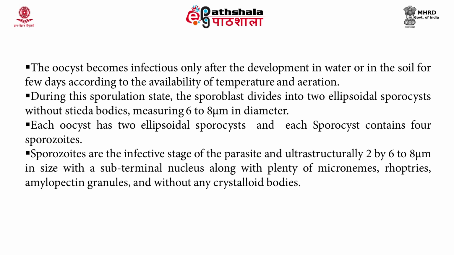Now, sporozoites are the infective stage of the parasite and ultrastructurally 2 by 6 to 8 micrometer in size, with a subterminal nucleus along with plenty of micronemes, rhoptries, amylopectin granules and without any crystalloid bodies.